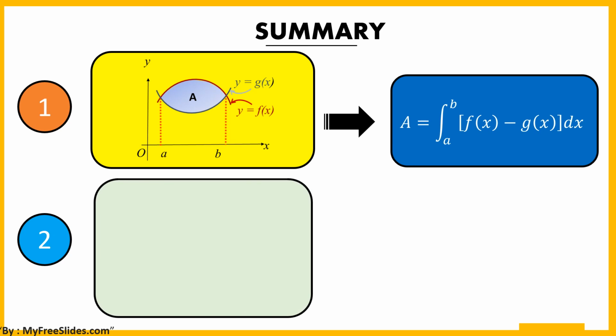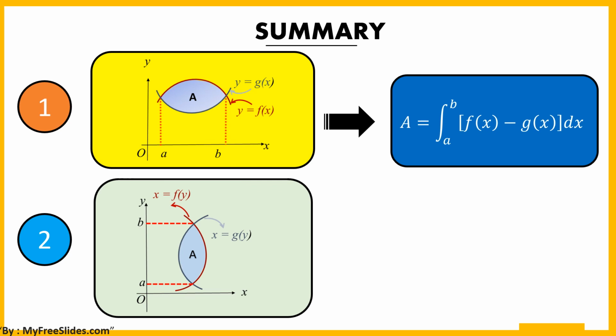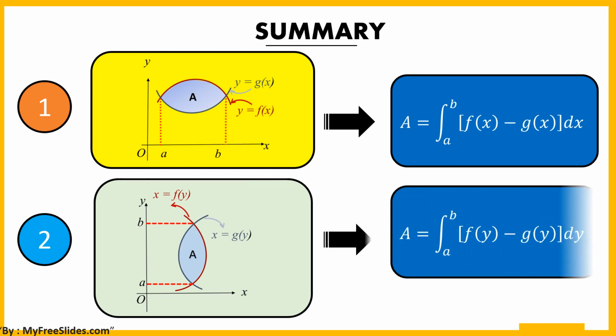And if we have two curves intersect at y equal a and y equal b, then the area of A can be obtained by finding the integral of f of y minus g of y from y equal a to y equal b. And please take note, sometimes we need to add to find the area of the region.